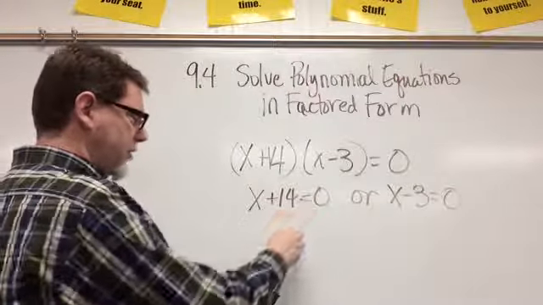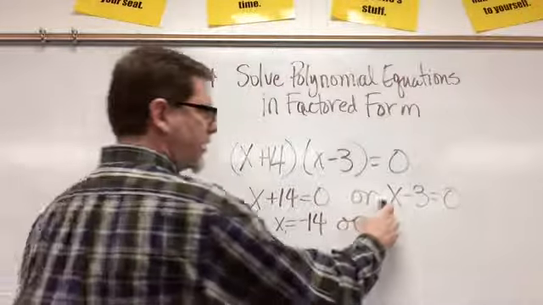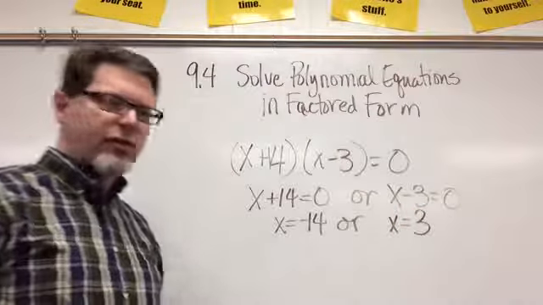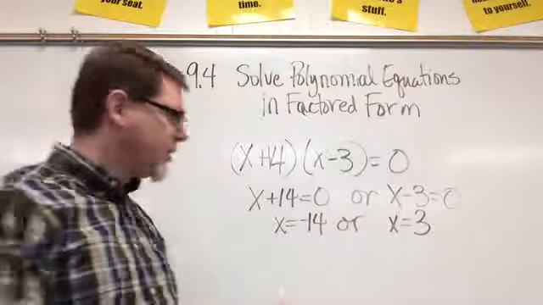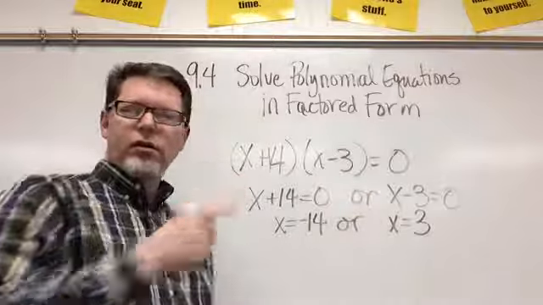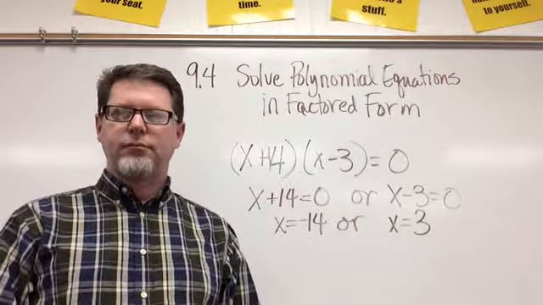If x plus 14 equals 0, then x equals negative 14, or if x minus 3 equals 0, then x equals 3. So the solution to this equation is x equals negative 14 or 3. Those are the two possible solutions to that equation.